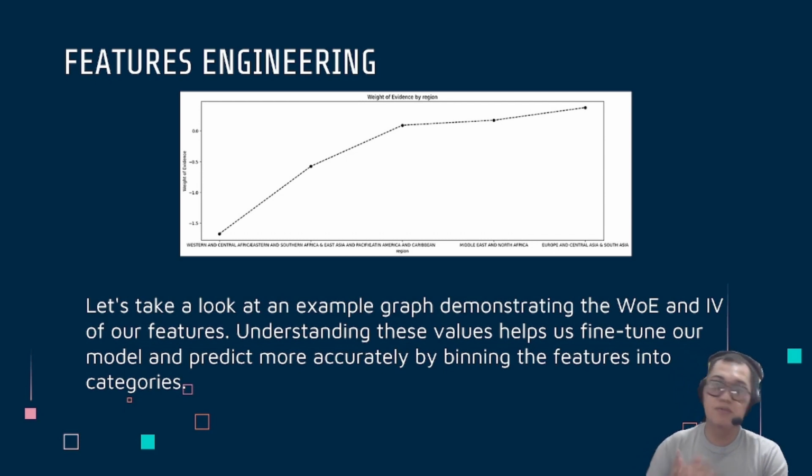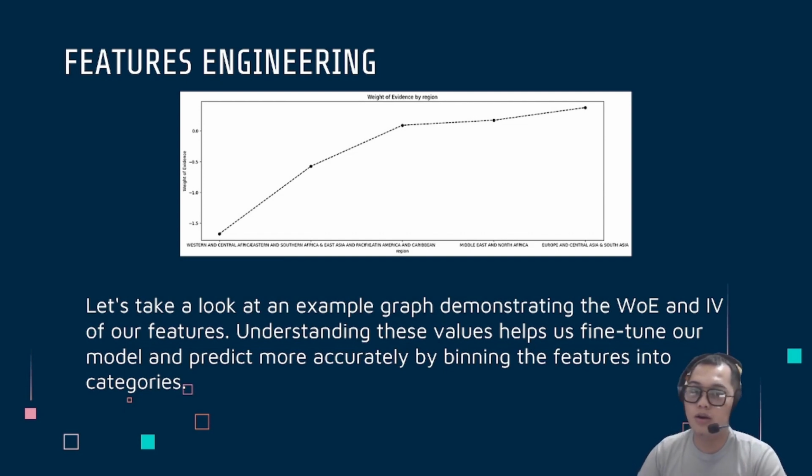Before this graph, the weight of evidence is kind of hard to explain, so I'll give you something to think about like this. The higher the weight of evidence, the more likely the bad will occur. The lower is the other one, right?